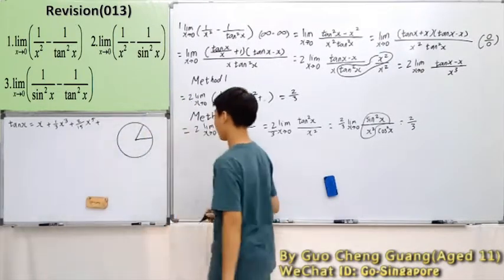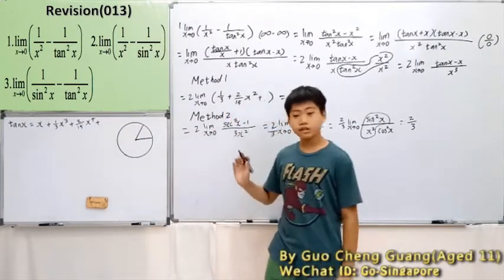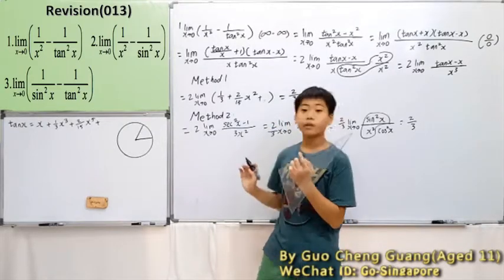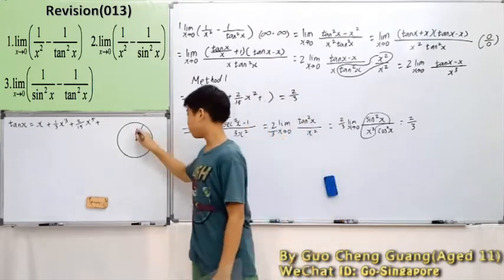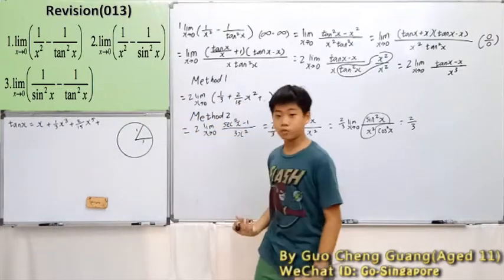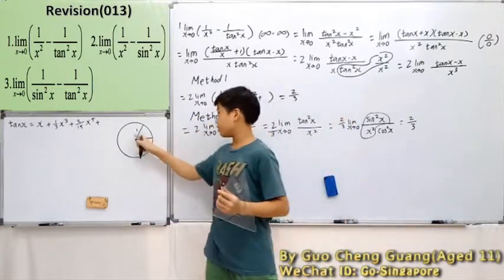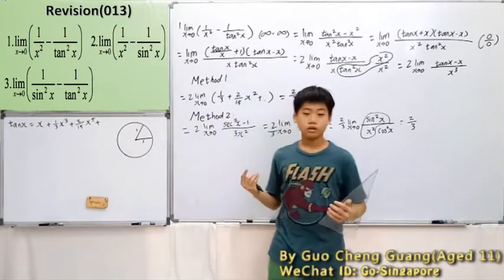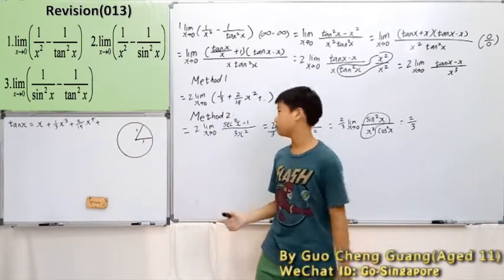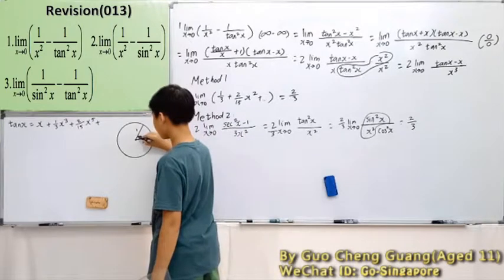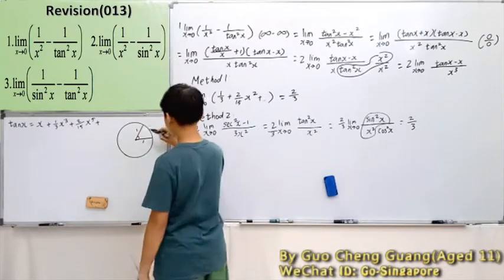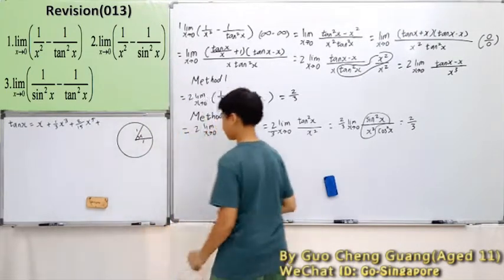For example, these two are its radius. And what's so special about this circle? We can call it a unit circle. That means this radius is just 1, since we just need its ratio. So even if it is 2, we just want its ratio. And this angle is the x.